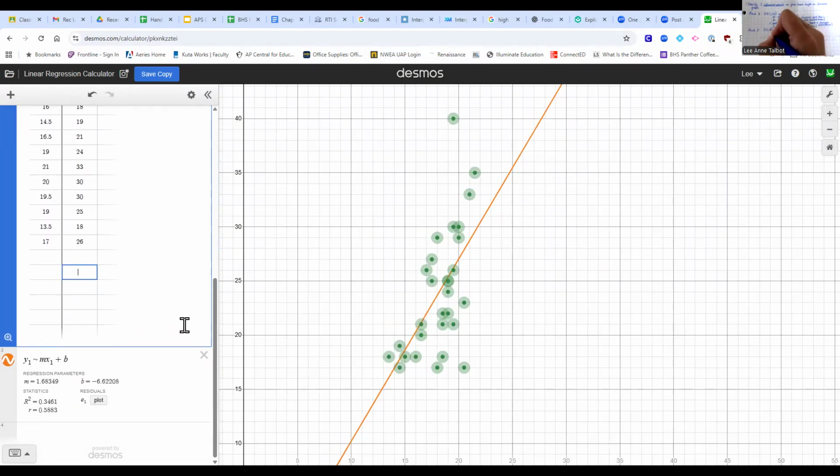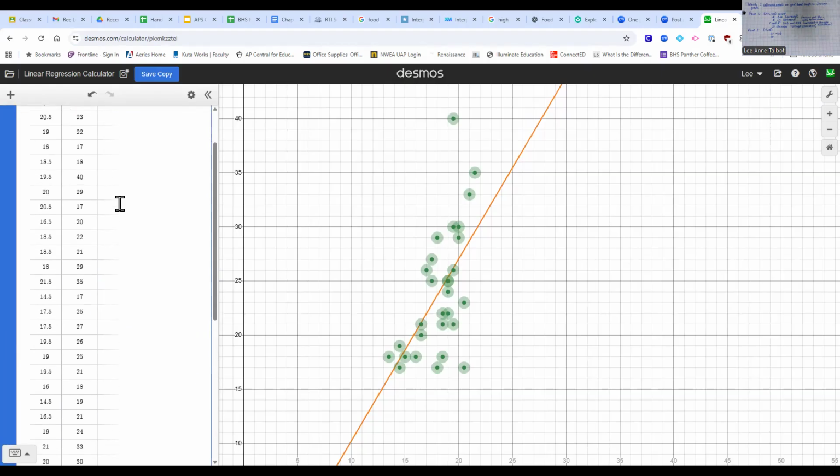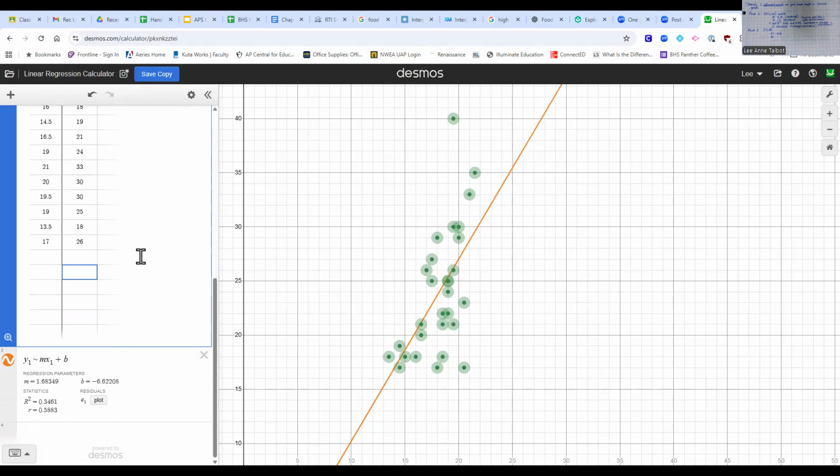Slope. Start with actually A. Y-intercept is negative 6.6. Slope is 1.7.